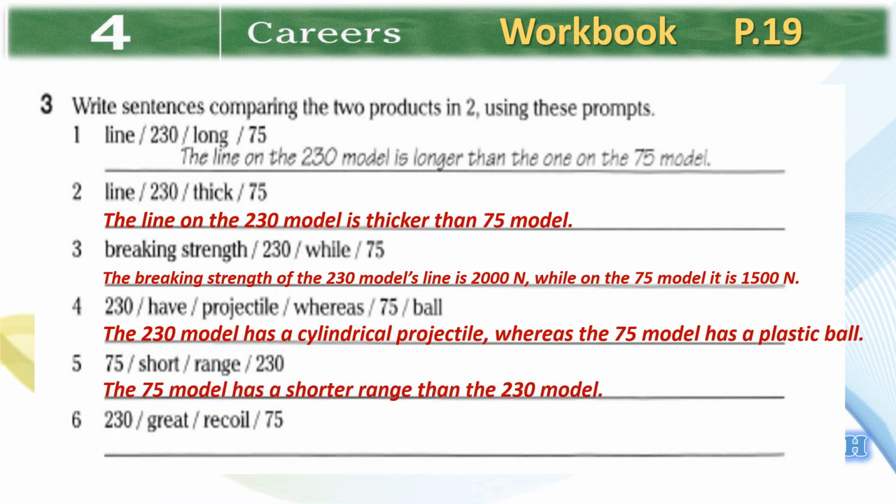The sentence, the 75 model has a shorter range than the 230 model. The last sentence, 230 great recoil 75. The sentence, the 230 model has a greater recoil than the 75 model.